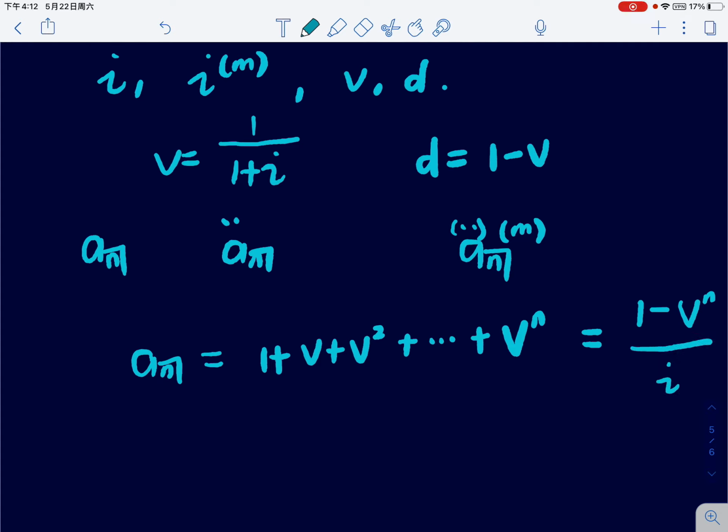And if we pay at the beginning, this i becomes d, so it's 1 minus v to the power of n over d.